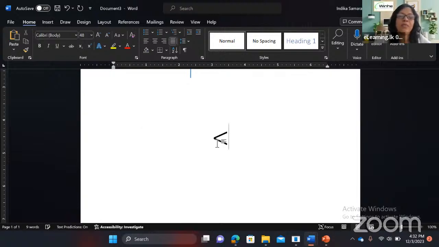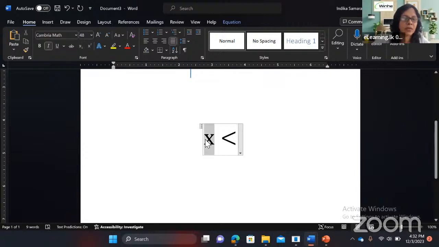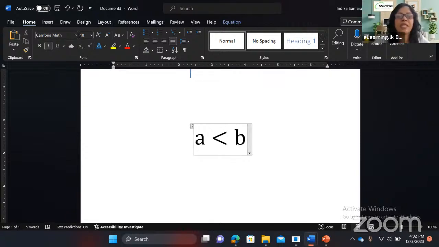If you use this sign, that means I will put some constant value on both sides. What does this mean?